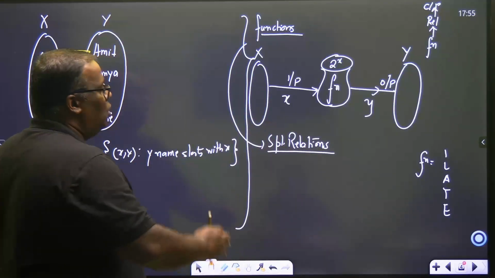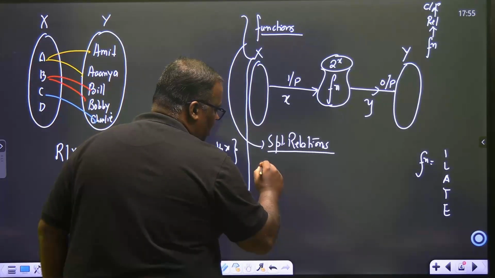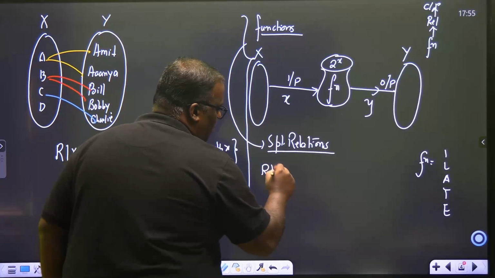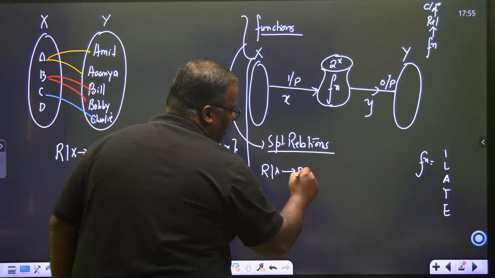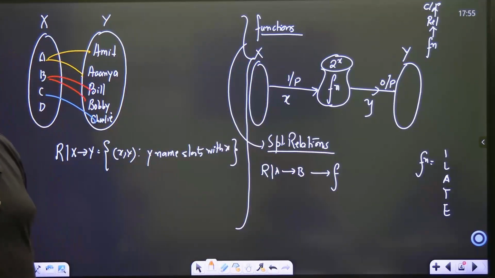So let's say, what is the special relation? We say a relation R that you map from A to B will be considered as a function f. Just understand, we'll write all this.